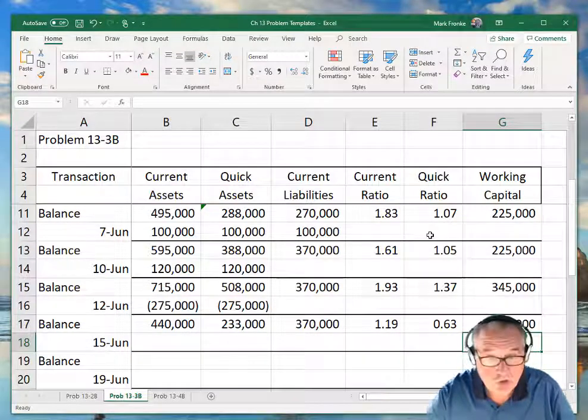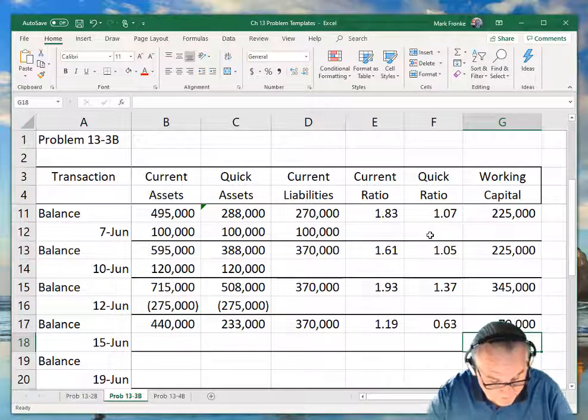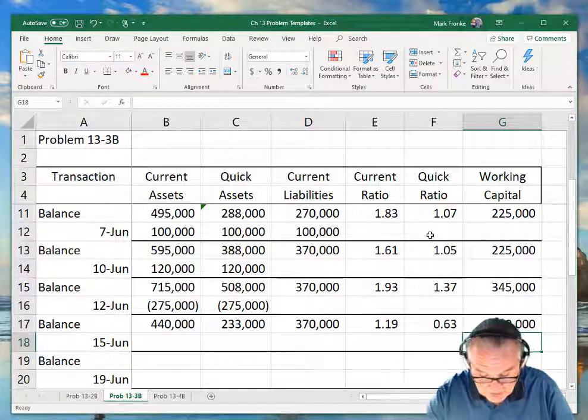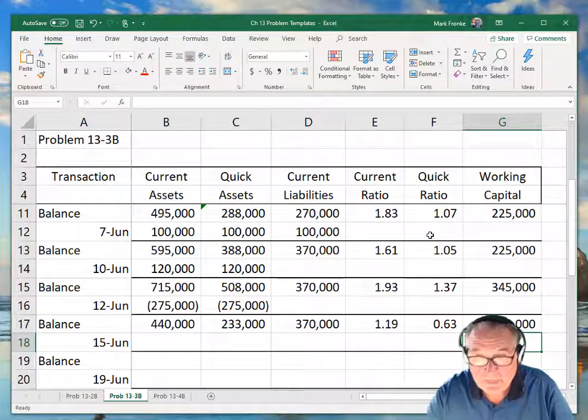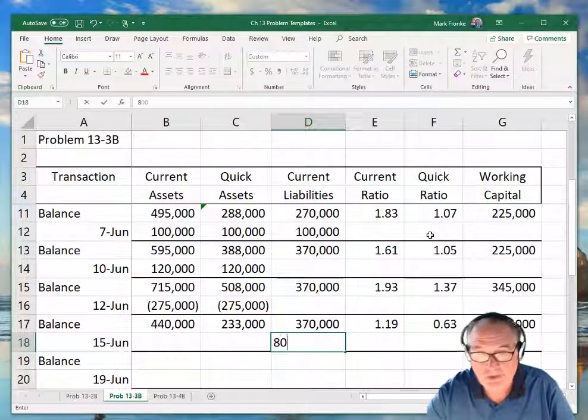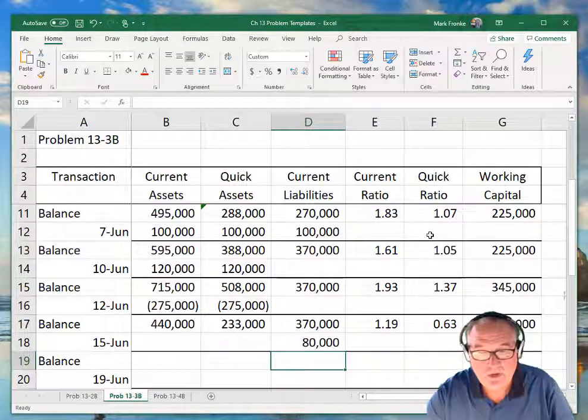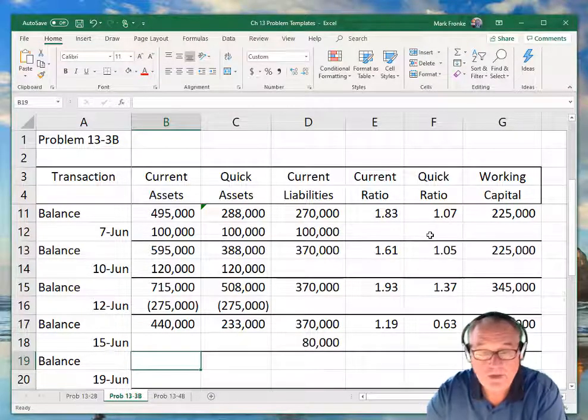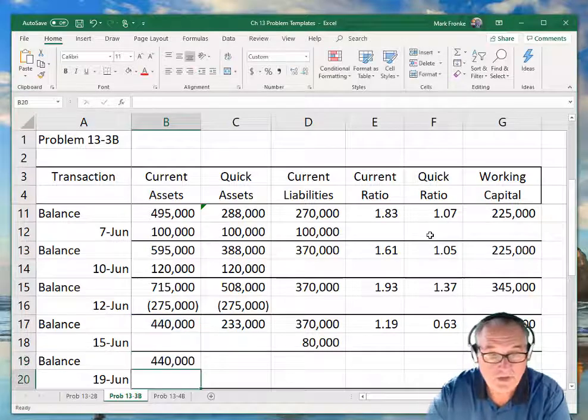On June the 15th, it declared a $1 per share cash dividend on its 80,000 shares of outstanding common stock. So in this case, we didn't pay anything, we just are accruing it. So our current liabilities went up 80,000. Our current assets and quick assets did not change.